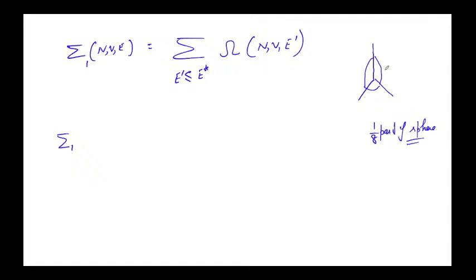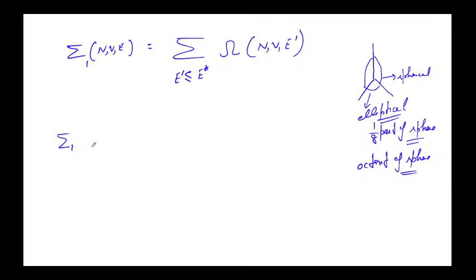Because this trajectory is no longer a spherical trajectory, it is something like an elliptical trajectory, and the volume for this microstate is the octant of a sphere. Octant means 1/8 of the sphere.